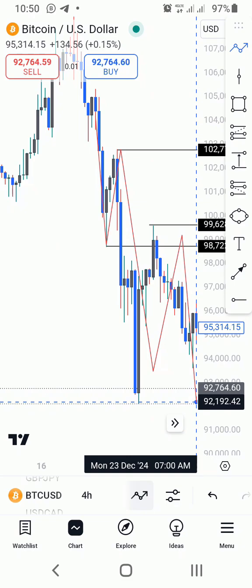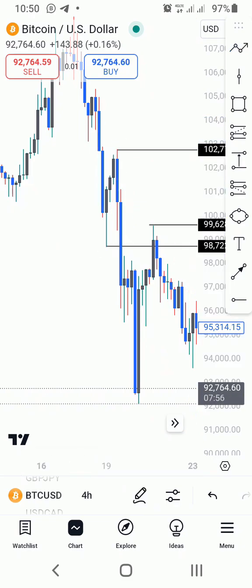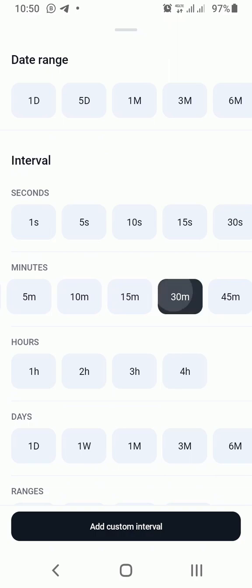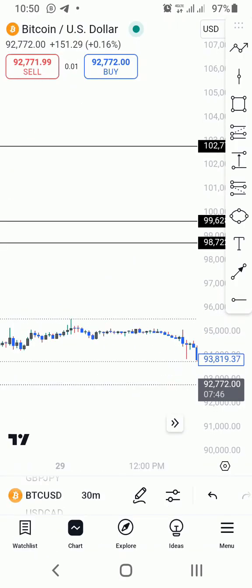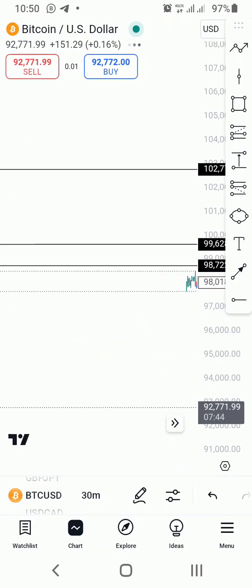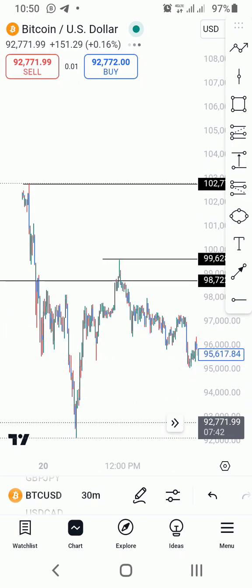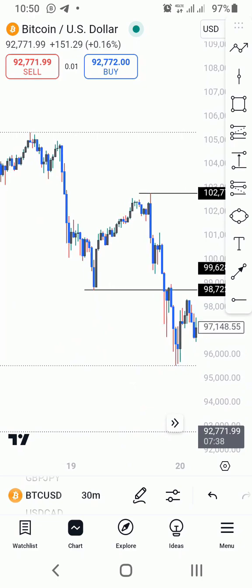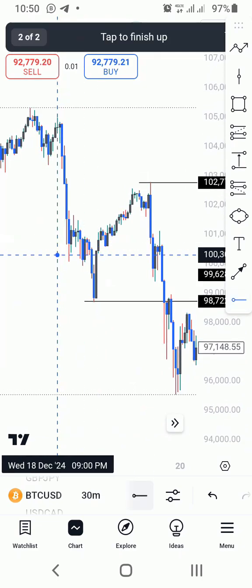How are we going to get those entries now? Now the way we are going to get those entries, we shall scale down to 30 minutes to find liquidity engineering of 30 minutes on that low of H4. Did we have any liquidity engineering near that level, or after or before that level?